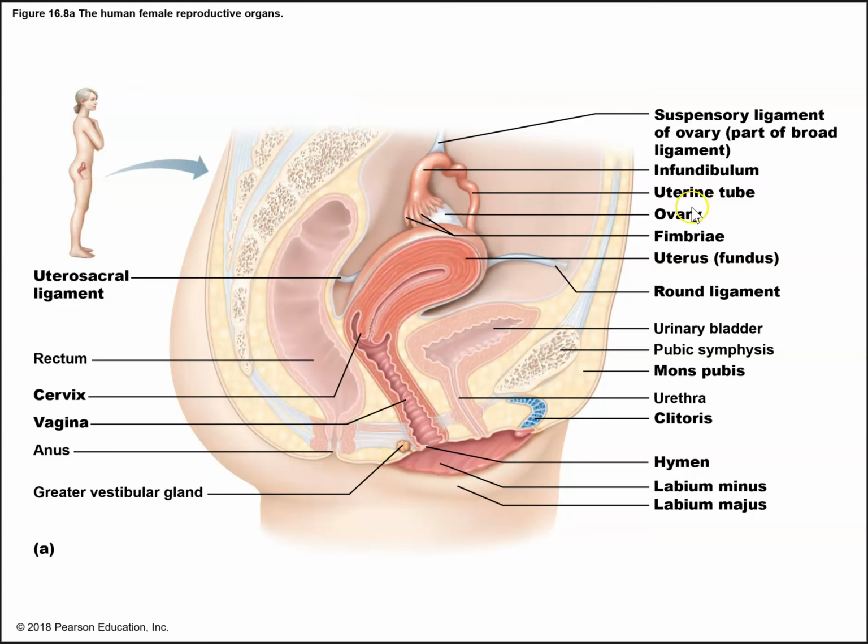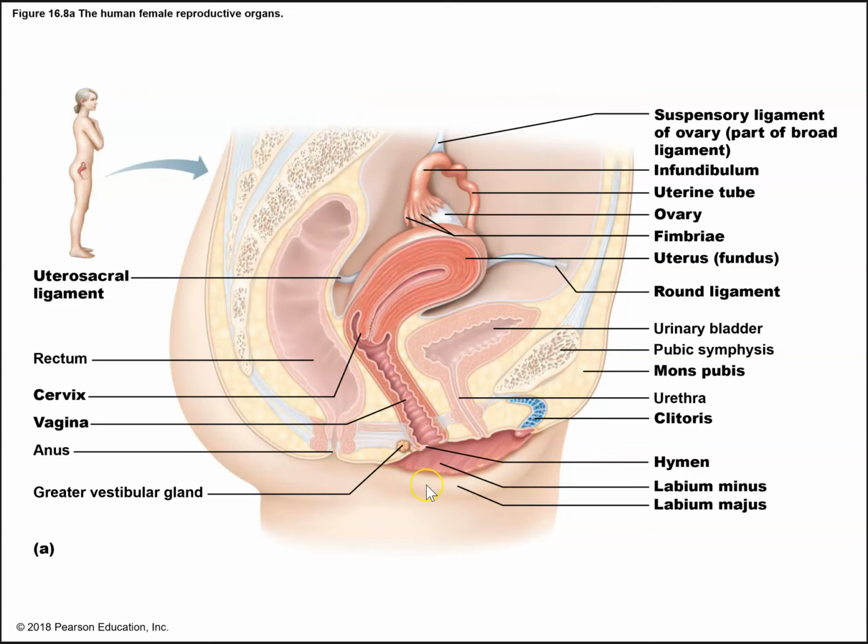The main function of the uterine tube is to transport the eggs, and the uterus is where fetal development occurs. The vagina, or the birth canal, is the canal through which the baby actually exits the womb.